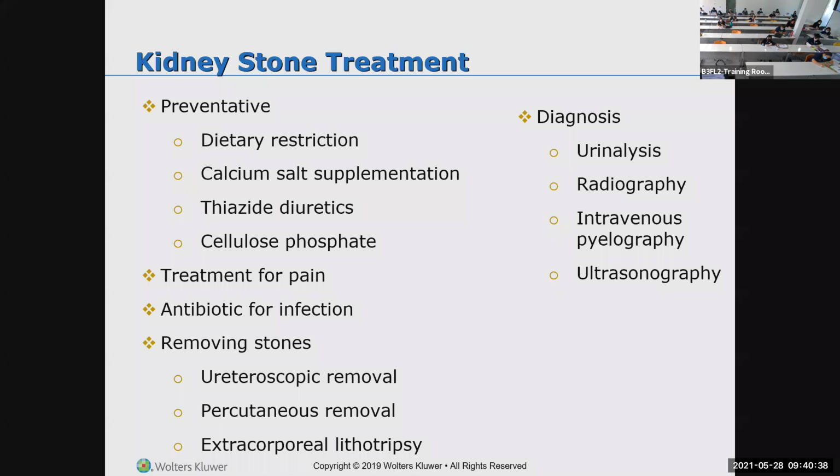This is one of the antibiotics routinely prescribed. The other is Cipro, very common also. And the third one is levofloxacin. Levofloxacin, Cipro, and Bactrim are the antibiotics routinely prescribed for UTI, urinary tract infection.